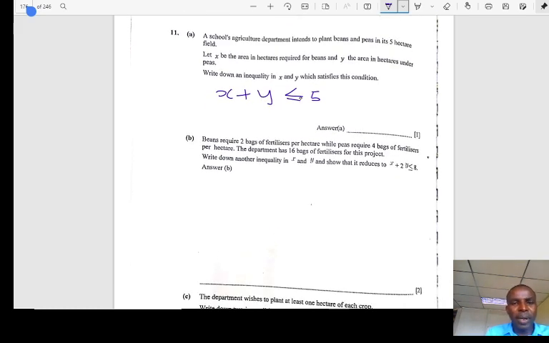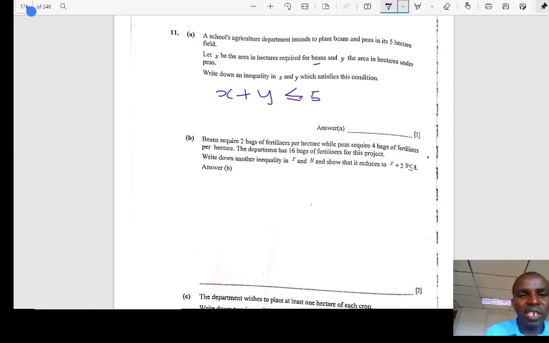Then next, beans require 2 bags of fertilizers per hectare, while peas require 4 bags of fertilizers per hectare. The department has 16 bags of fertilizers for this project. Write down another inequality in X and Y and show that it reduces to the given one. Right, what do you do? Beans require 2 bags per hectare. So how many hectares of beans are to be planted?